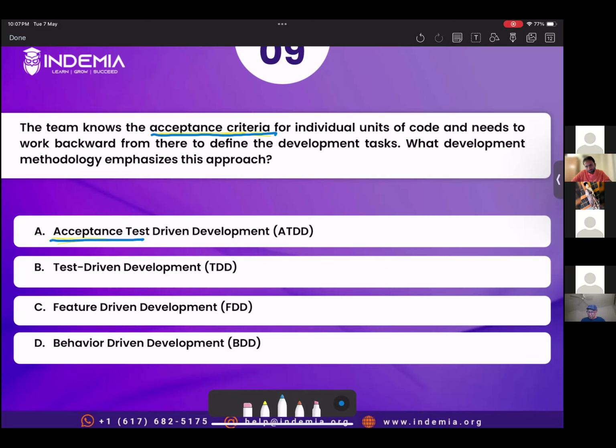Right. Okay. Felicity, you have chosen option C. Yes, for the very simple reason that I don't know that the other three exist, but I do know that feature-driven development exists. All right. Thank you. So feature-driven development is you pick a feature, you plan it, right?